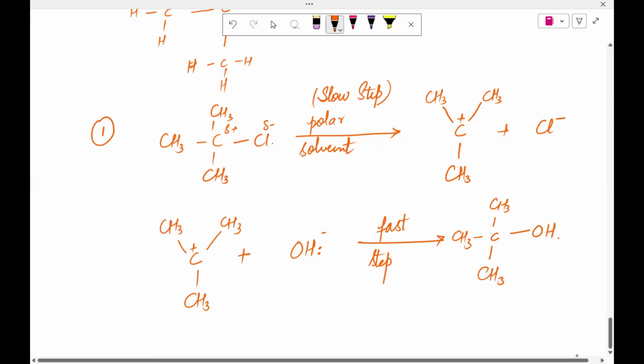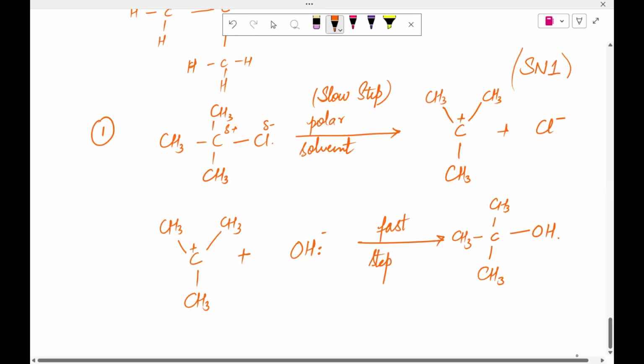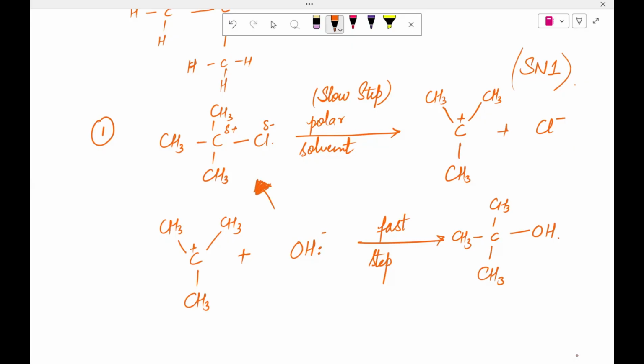Is that clear, Sultan? Yeah. And remember one thing, this kind of reaction that is possessed by tertiary halogen alkane is basically SN1, because only one molecule is involved in the rate-determining step. Is that clear? Yeah. Okay.